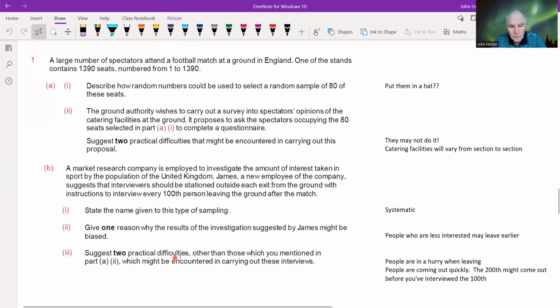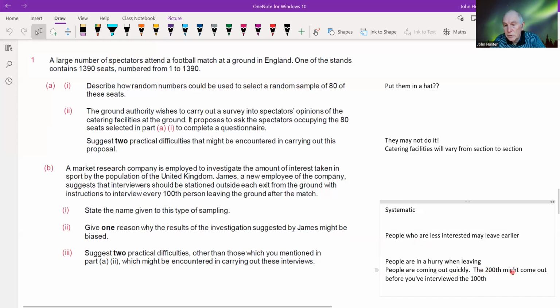Suggest two practical difficulties other than those mentioned in part A which might be encountered. Well, when leaving a football ground, people do tend to be in a bit of a hurry, and I think you might be unsuccessful trying to stop the 100th person or the 200th. Also, people come out quickly.